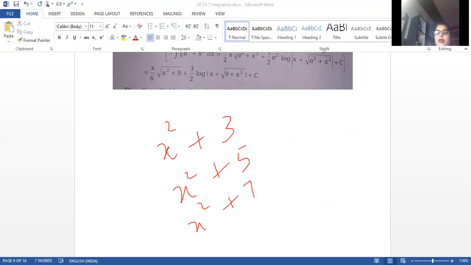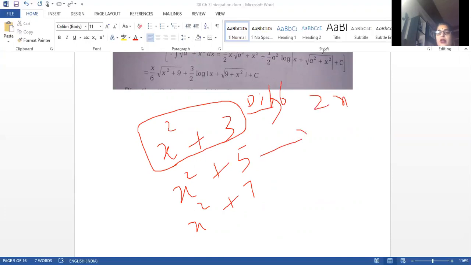If this is the integration of some function, its differentiation will be what? When I am differentiating it, I get 2x. After differentiation of this also 2x, because the constant differentiation is 0.